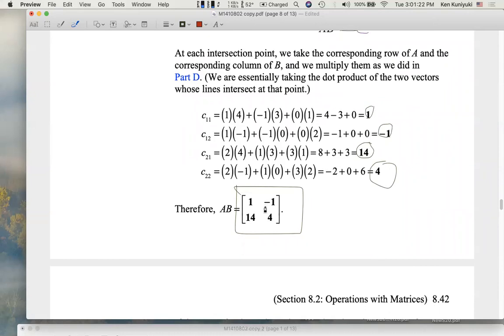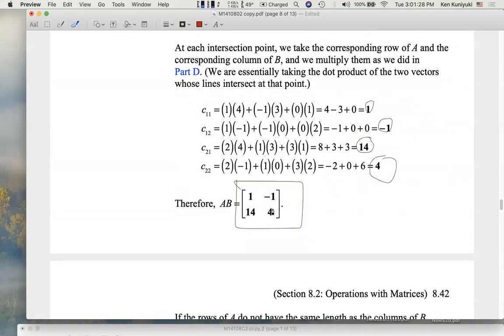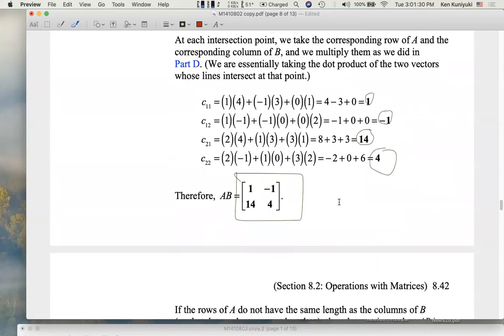And of course, our arithmetic can often fail us when it comes to speed. But bottom line, here's the matrix product: 1, -1, 14, 4. Do make sure that you're putting the correct numbers in the correct positions. It's wrong if you put them in the wrong positions.